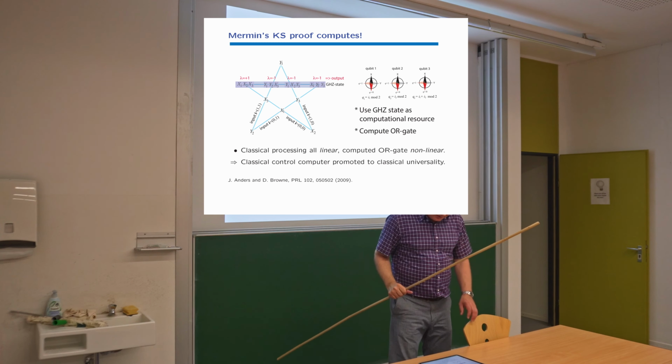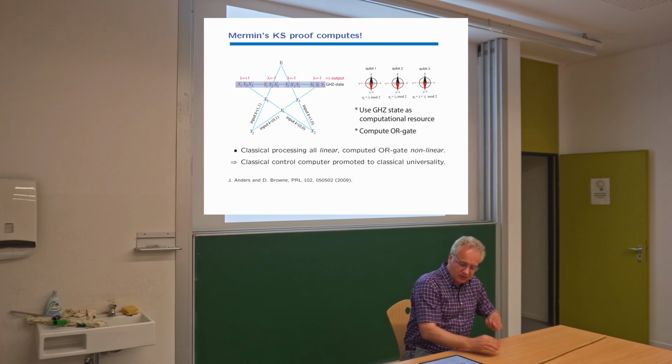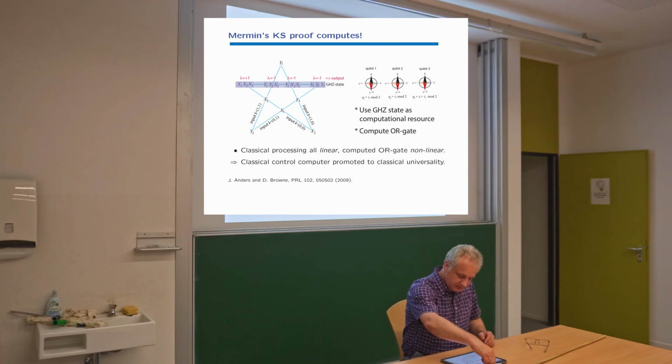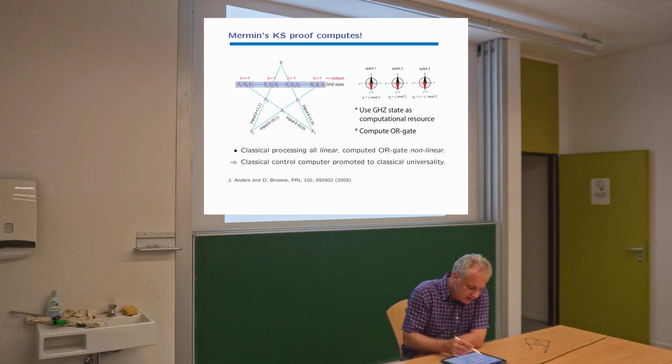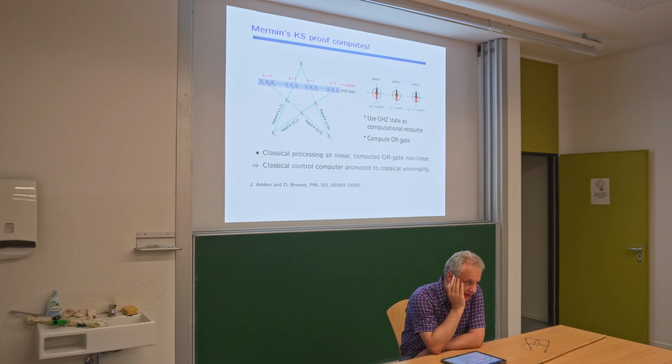So I think we want to try to understand a little bit how this works. So what do we see here? Let's maybe begin with Mermin's star. We have 5 contexts here. One is for the resource state. Then we have 4 remaining contexts, and incidentally we have 4 input values.